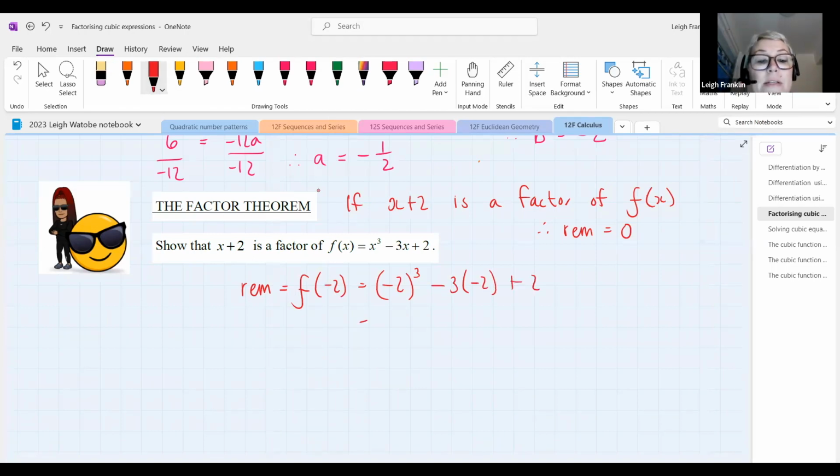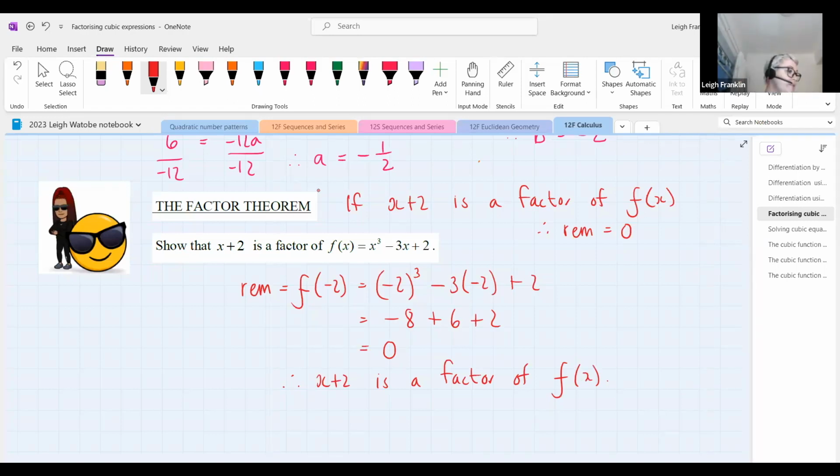We're expecting to get 0 as an answer. Okay, so that will give us -8 plus 6 plus 2. We end up with 0. Okay, and then we must say, therefore, x plus 2 is a factor of f of x.